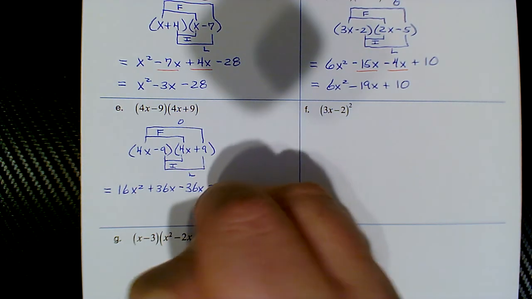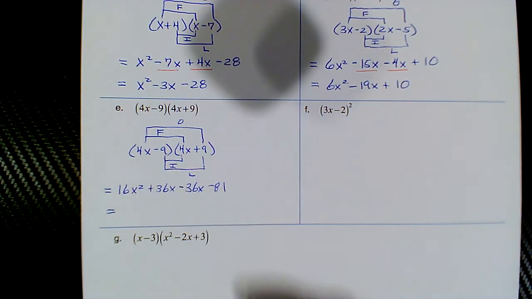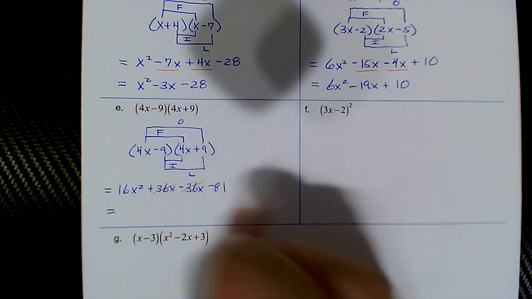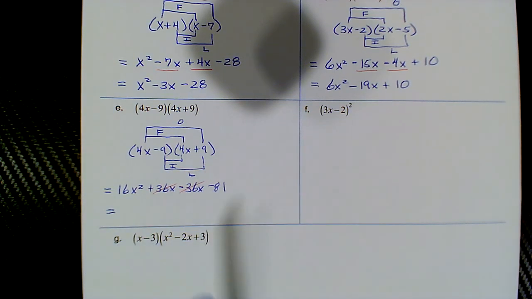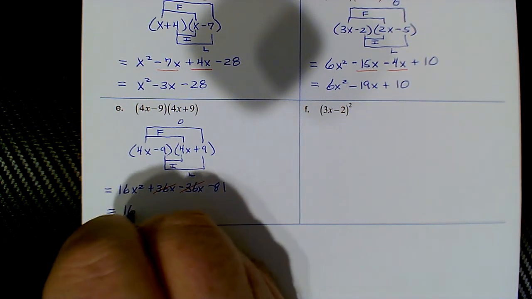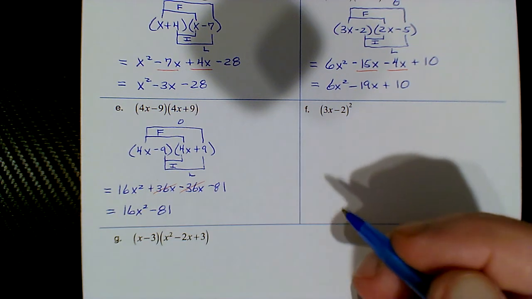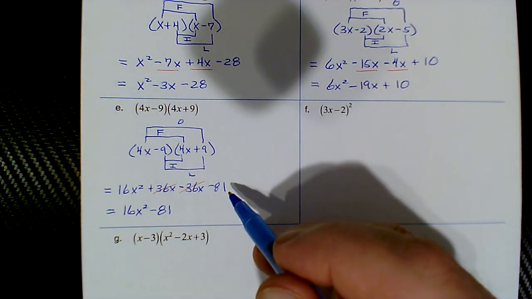But notice that the middle terms, the outers and the inners, that is, now cancel because they're opposites. So we get 16x squared minus 81. So you might recall that this is the difference between two perfect squares.